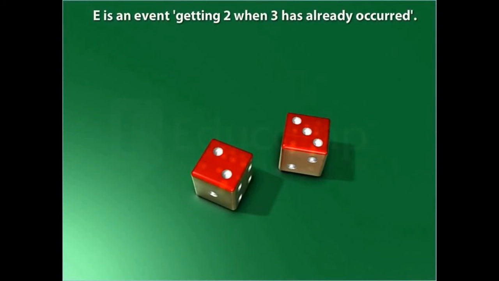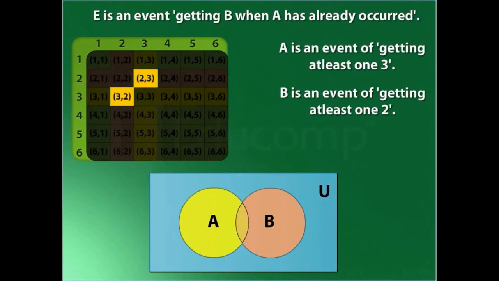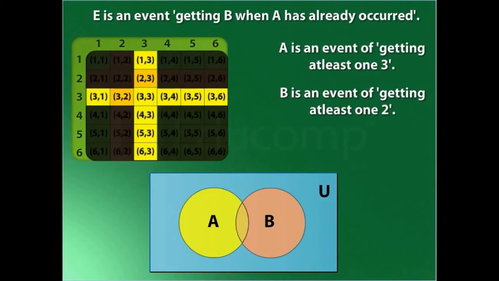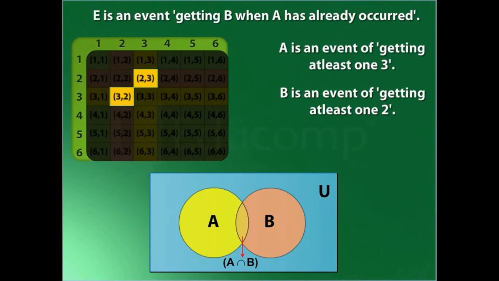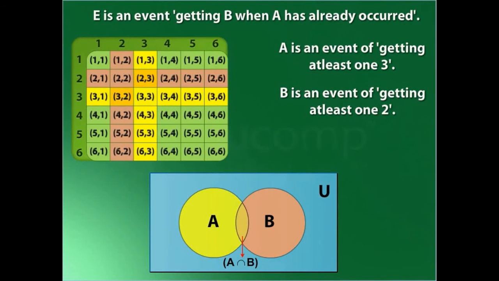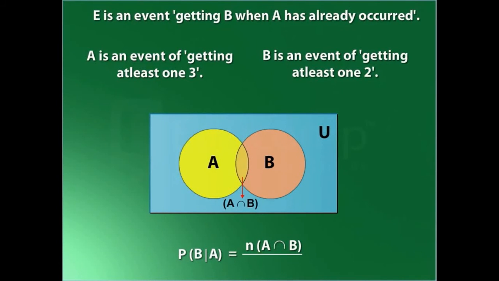If we represent this event in the Venn diagram, you can observe that it is a subset of set A and is represented by the region A intersection B. Thus, set A becomes a universal set for such an event, and the probability of the event B when A has already occurred is number of elements belonging to the set A intersection B upon number of elements belonging to the set A.